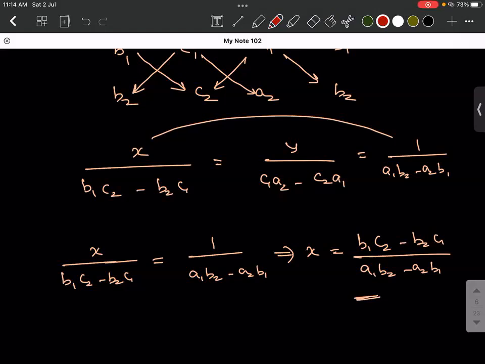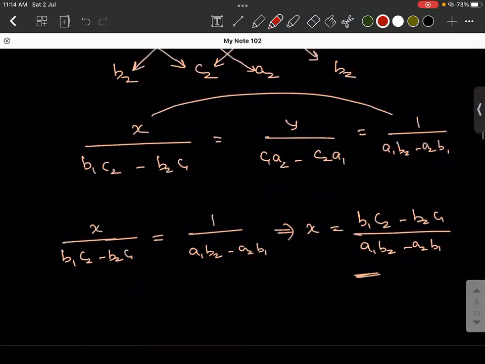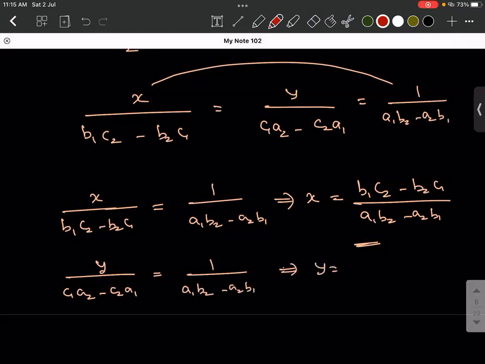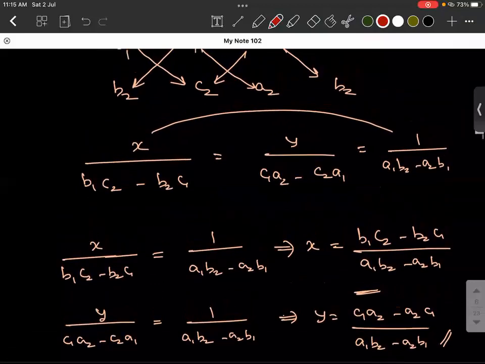So this is the value of x. Similarly, y divided by c1 a2 minus c2 a1 is equal to 1 by a1 b2 minus a2 b1, which implies y is equal to c1 a2 minus c2 a1 divided by a1 b2 minus a2 b1. So you need not remember it like a formula. I just told you the method of solving using cross multiplication.